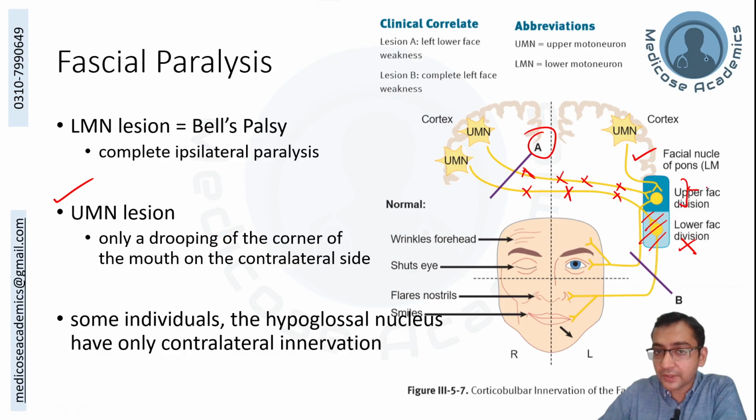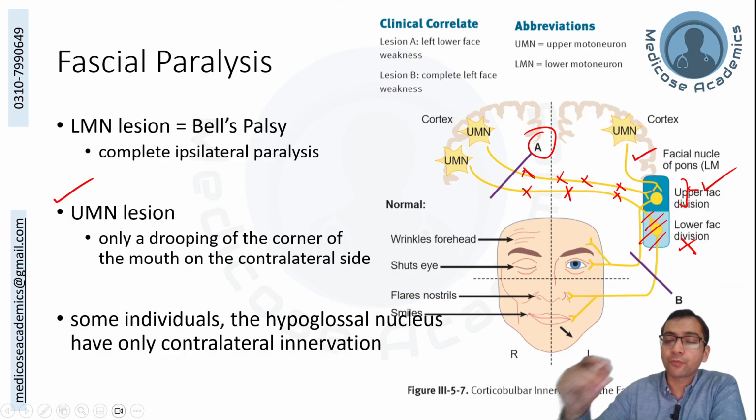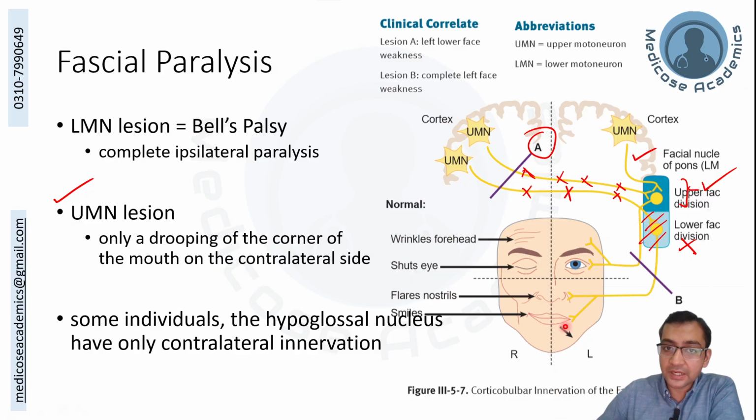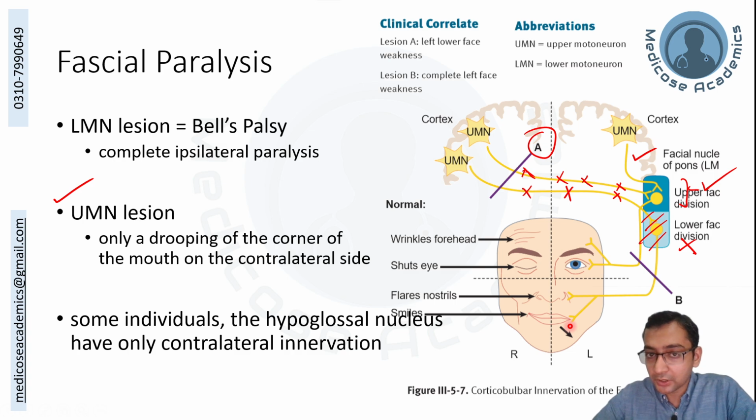So for the upper half of the face, this nucleus keeps on working. A person with a stroke anywhere above the pons has a normal upper half of the face, with normal blinking and normal wrinkling, but an abnormal lower half of the face. There will be absence of the nasolabial fold and failure of closure of the mouth on the affected side, and the healthy side will pull the lips toward itself. That is the upper motor neuron lesion.